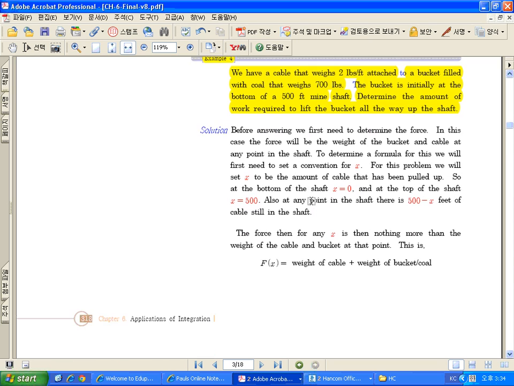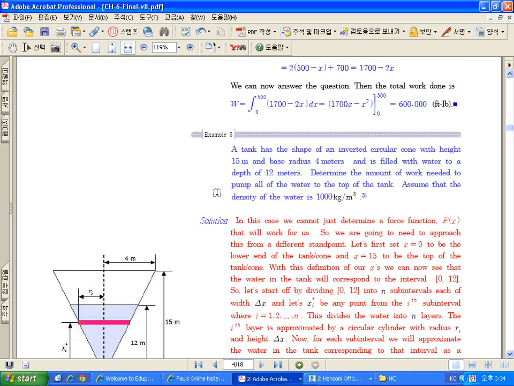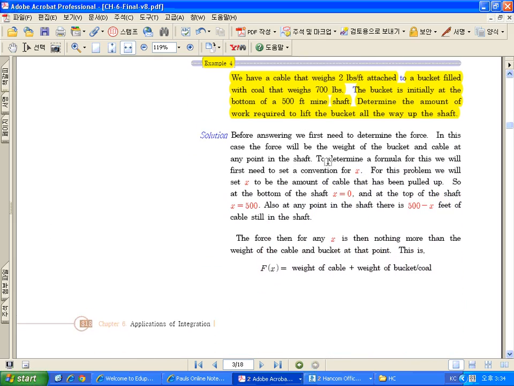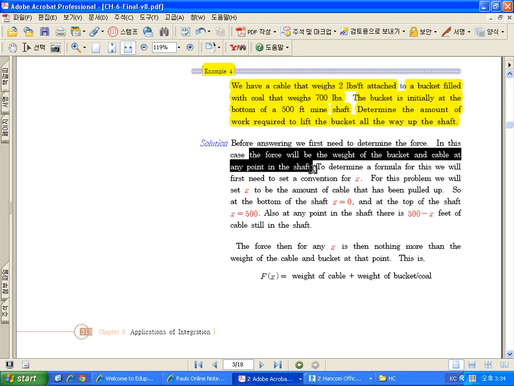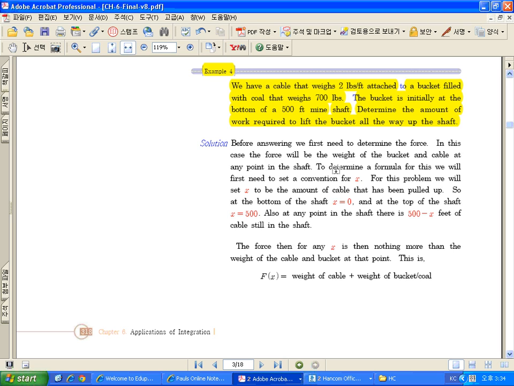So this is the situation, and it can be formulated in this way. In this case, the force will be the weight of the bucket and the cable at any point in the shaft. To determine a formula for this, we will first need to set a convention for x.